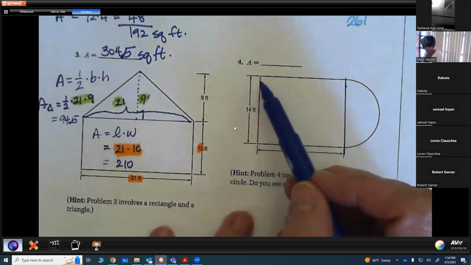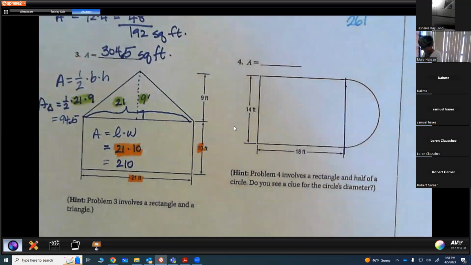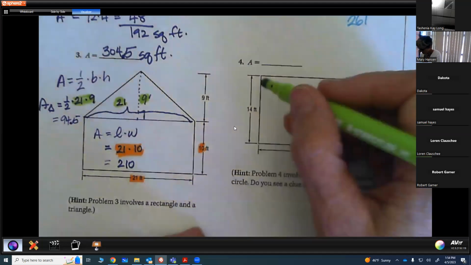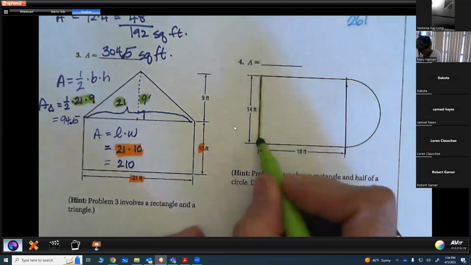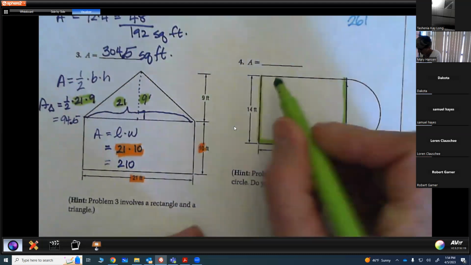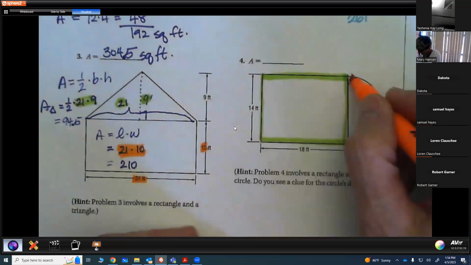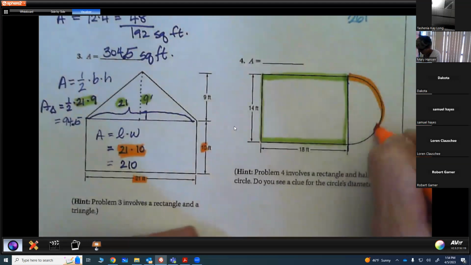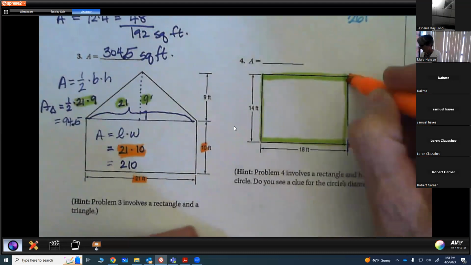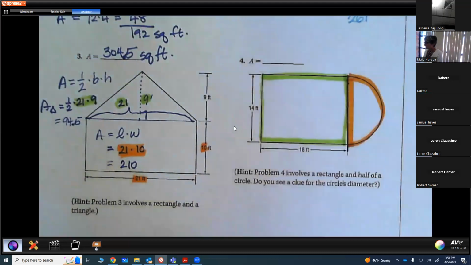A piece of this piece being our rectangle, which I think we're pretty proficient at this point, but we haven't done a circle in a while. So who remembers what the formula for the area of a circle is, either from memory or from your formula sheet? 3.14 is part of it.